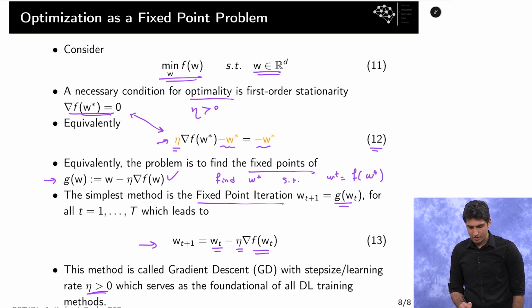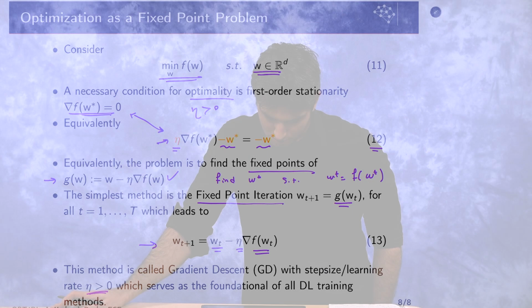As I mentioned, this serves as a foundation of almost all of the deep learning training methods, some of which we're going to talk about and study in this course. So in the next lectures, we're going to talk about some basics of machine learning, and then we're going to talk about gradient descent a little bit more deeply. Thank you.